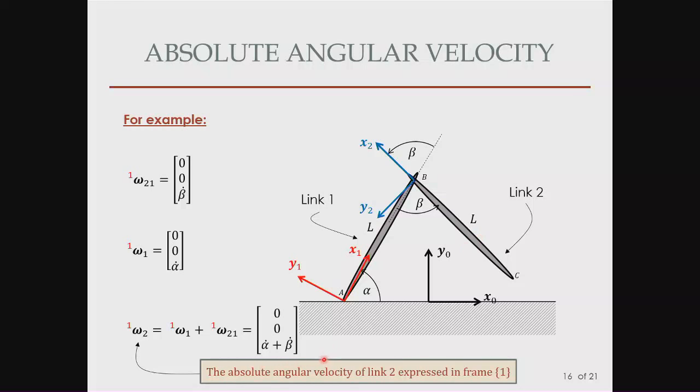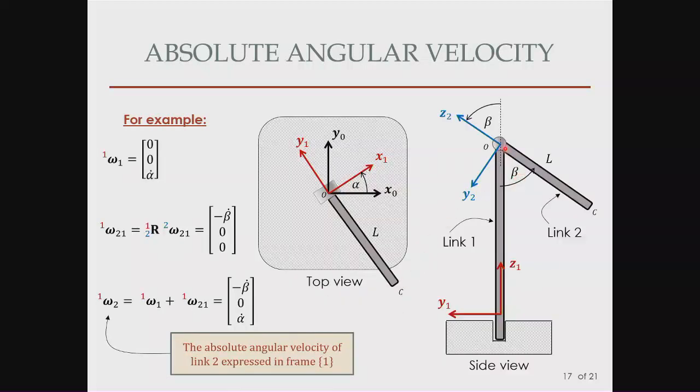So if either of them changes, it will rotate. If you freeze beta but alpha is changing, link 2 will still be moving, right? Any questions so far? Is it clear? Yes.